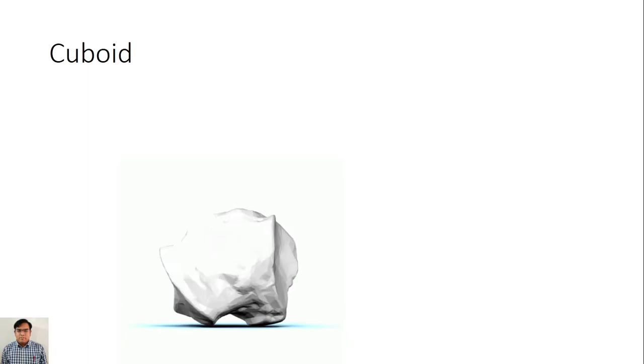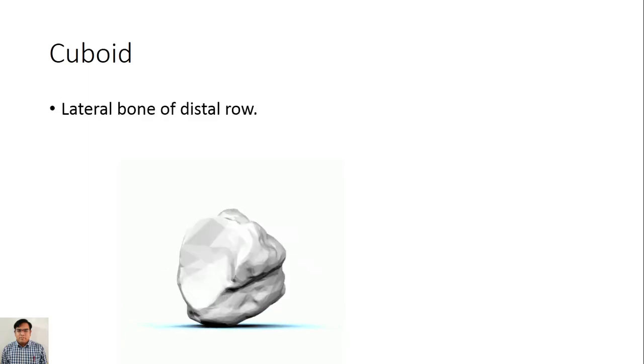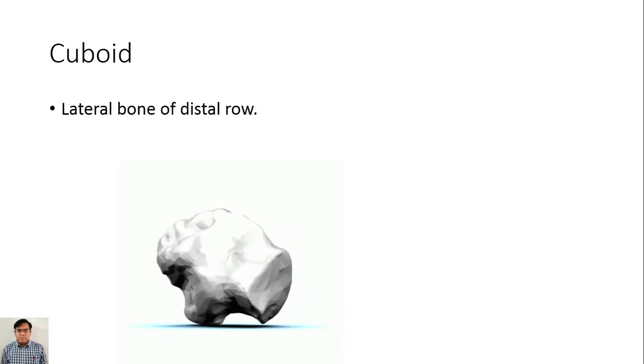Now, the cuboid bone. It is the lateral bone of the distal row.